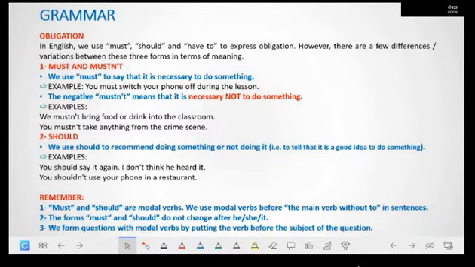And you put the verb in the infinitive form. When we say the infinitive form, it means that you don't add anything to the verb. You don't add ing. You don't say, for example, you must going, or he must eats.